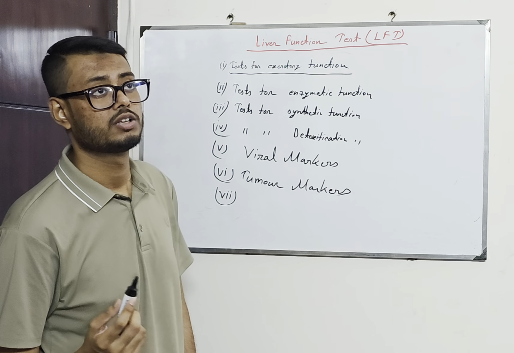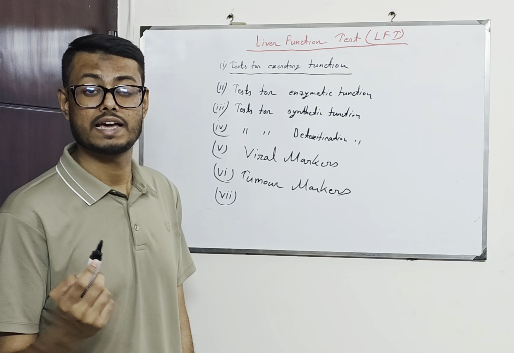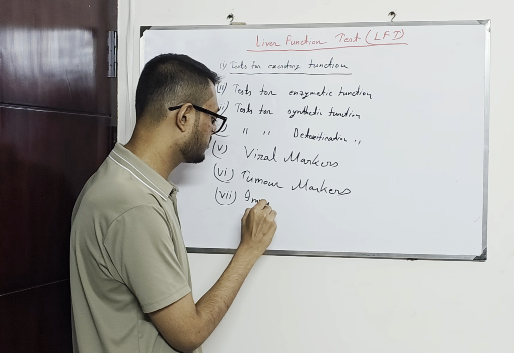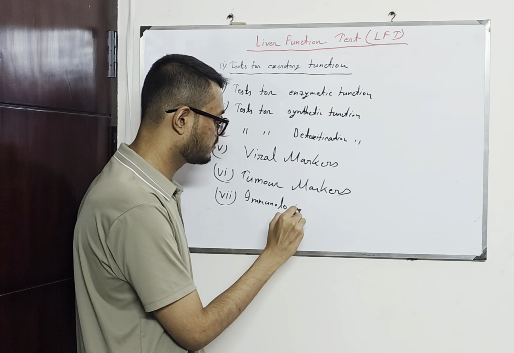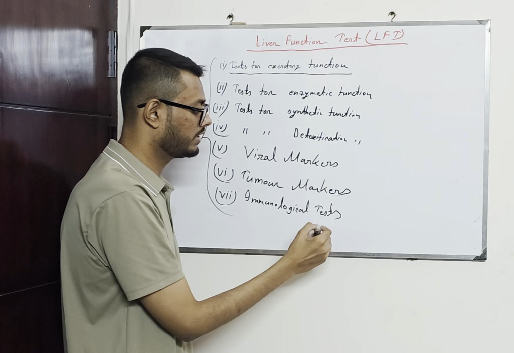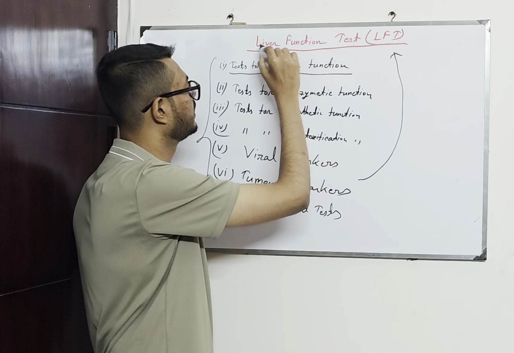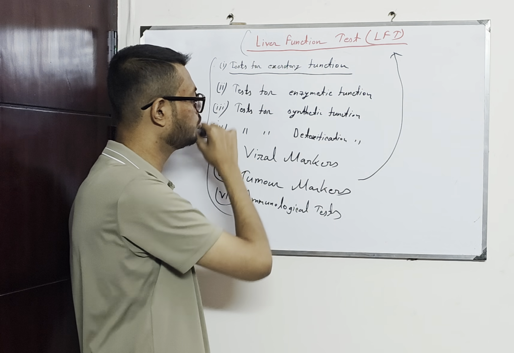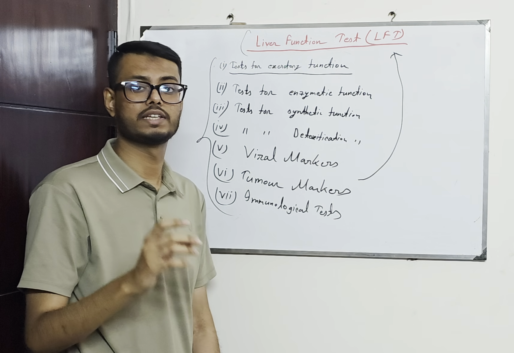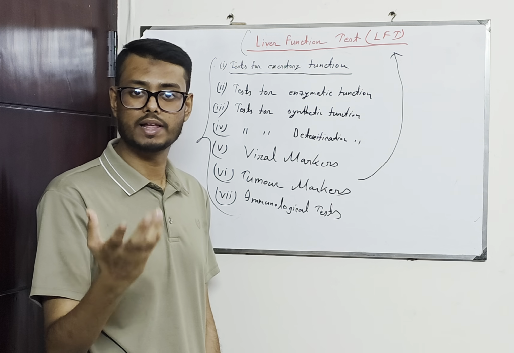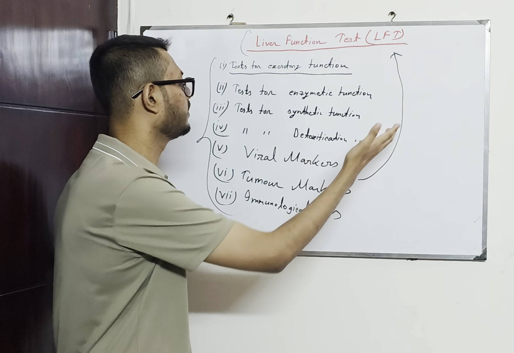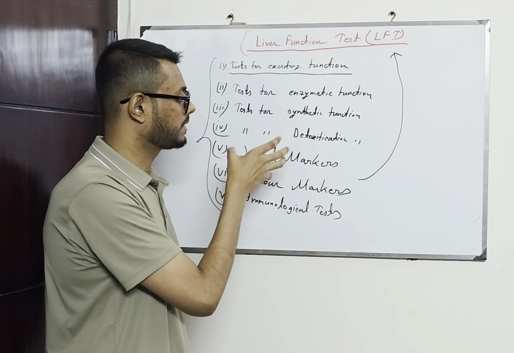Lots of people have immunological disorders associated with liver. So these are the tests we include in the liver function test that we can do in the blood. These are all biochemical tests. We take a sample of the blood, send it to the laboratory, and then do these biochemical tests.